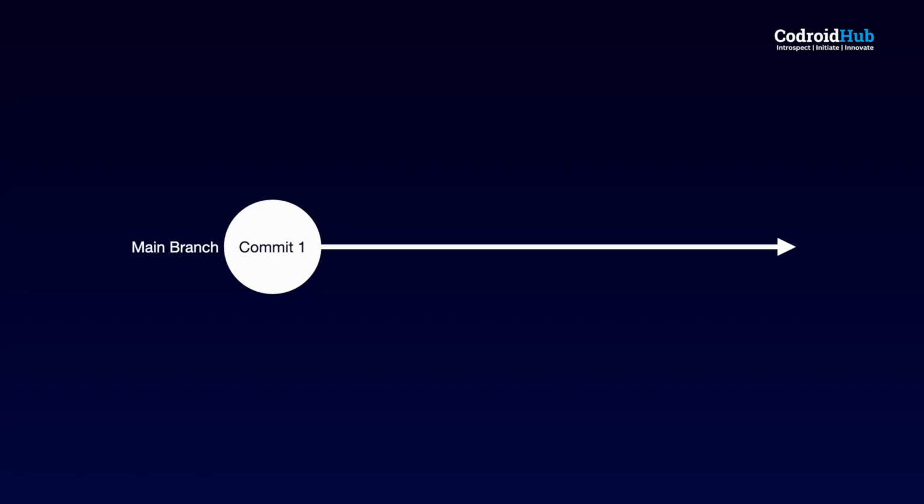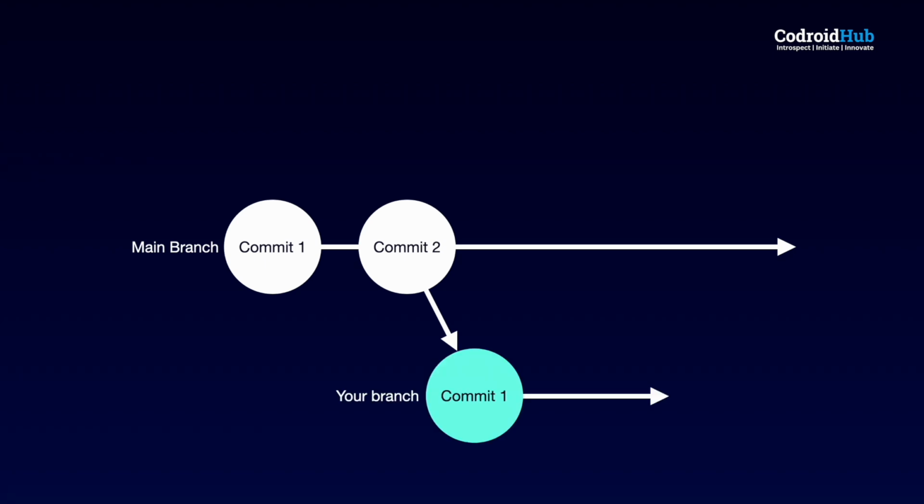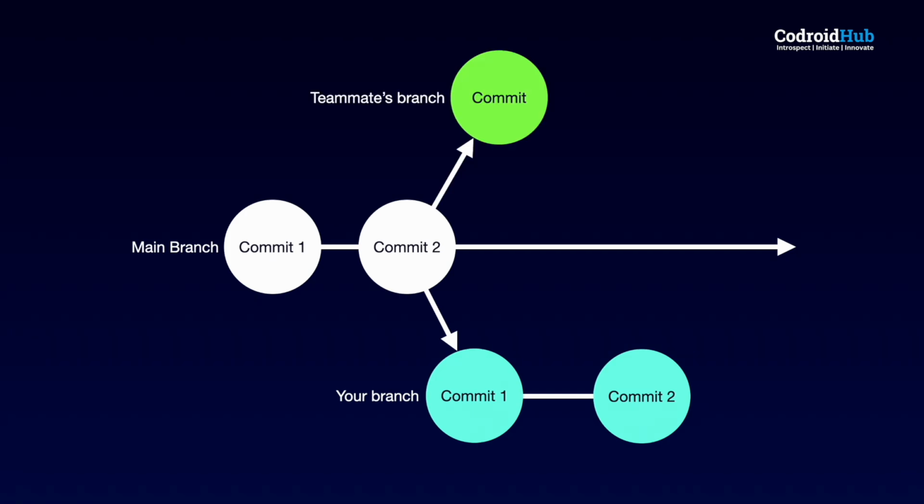Let's talk about merge conflict. Let's say you took the code from main branch and created your own feature branch, made changes to it, and wanted to merge back to the main branch. But your teammate also created a branch and made changes, committed, and finally merged it.